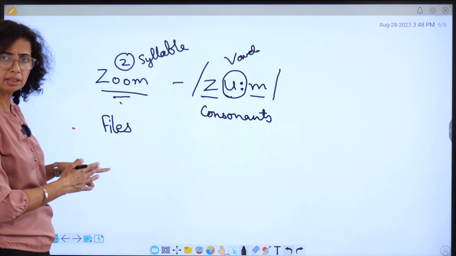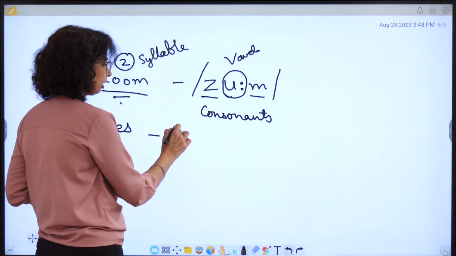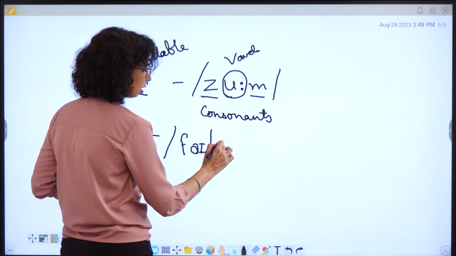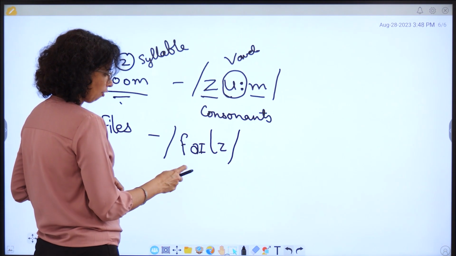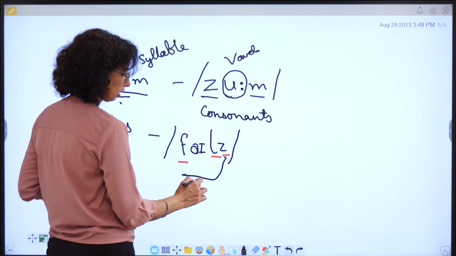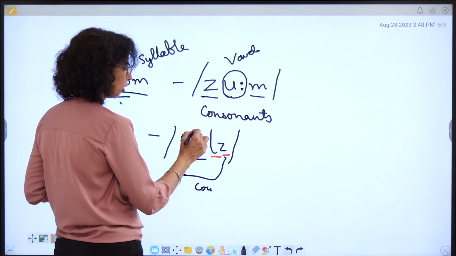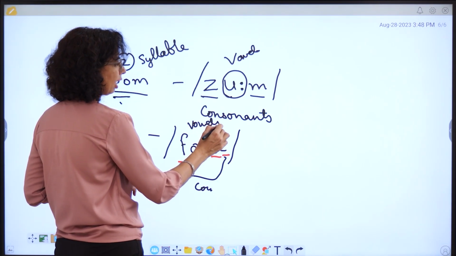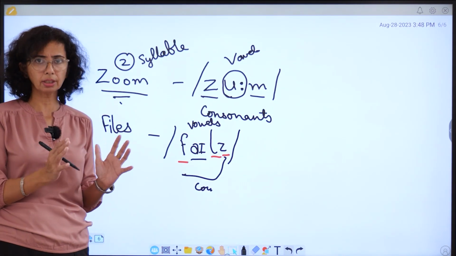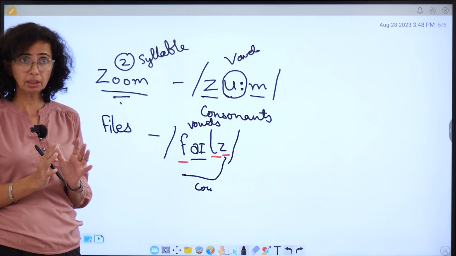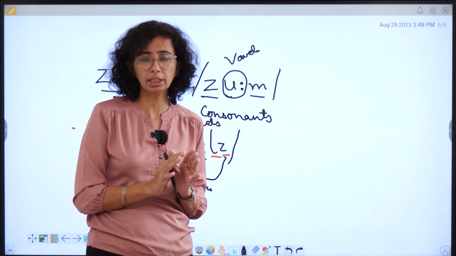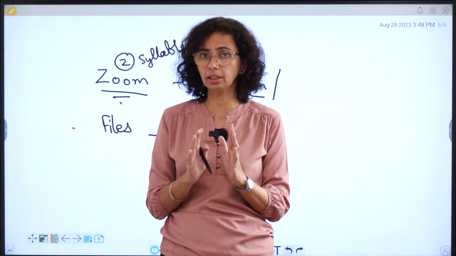I and E are there, but it should have only one sound, files. So F, L, Z are consonants, and we have only one vowel, that is I. So whenever we are making syllabic division, we need to keep in mind that a syllable needs a vowel sound in it, which is called the nucleus, which is mandatory.